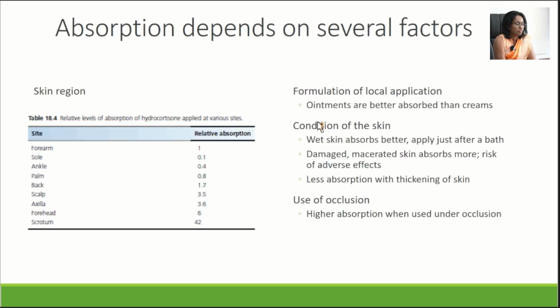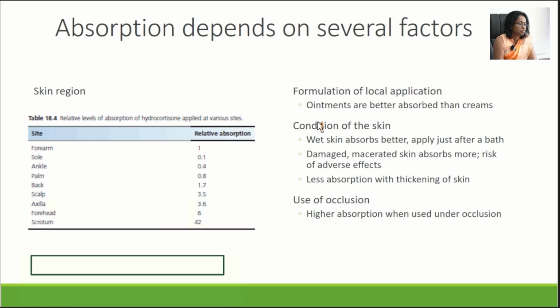It's very important that you know that the absorption of anything applied on the skin depends on several factors, out of which the most important is the skin region. Here in this chart, you see the relative levels of absorption of hydrocortisone applied at various sites.